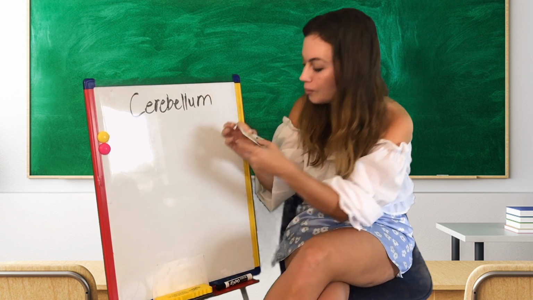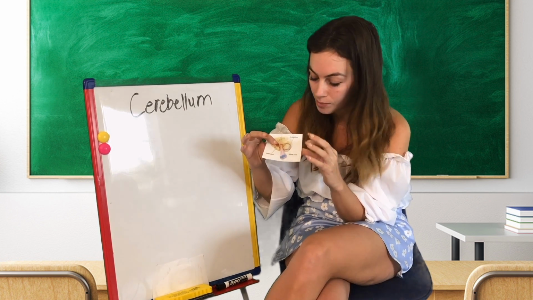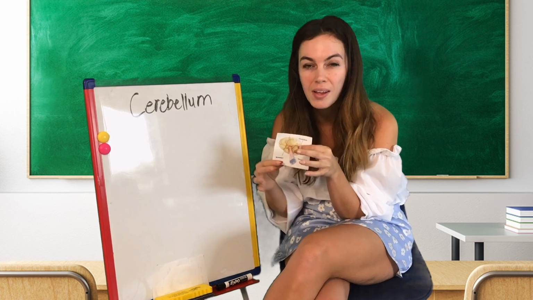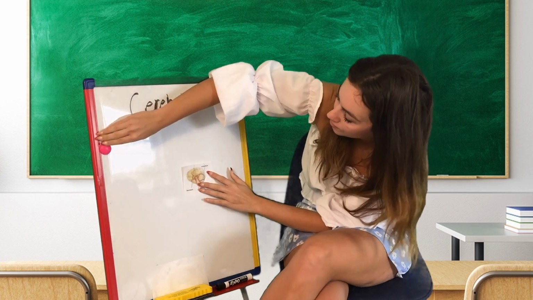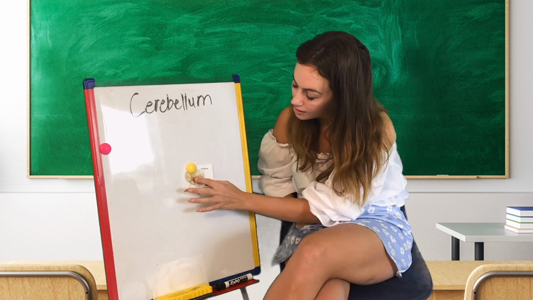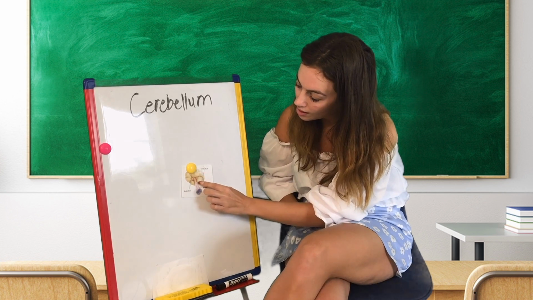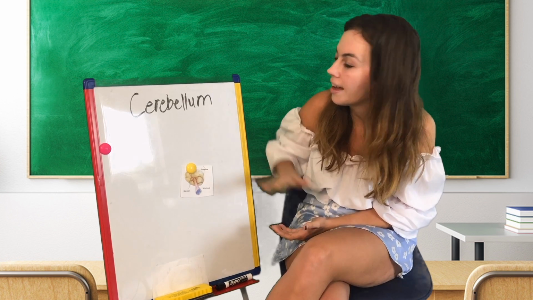Here we have the brainstem, which we just talked about, then the spinal cord, and then the cerebellum beneath that. So this is the brain, the brainstem here, the spinal cord, which attaches to the brainstem, and then below that we've got the cerebellum.